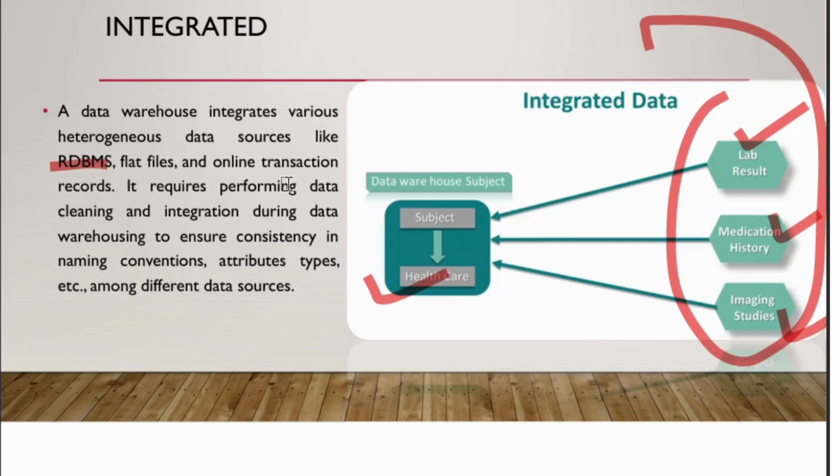It requires performing data cleaning and integration during data warehousing to ensure consistency in naming conventions, attribute types among different data sources. That's the exact same thing we talked about. So it integrates and collects the data and uses the needed data and excludes the data that is not needed.